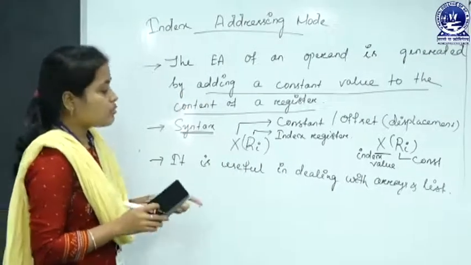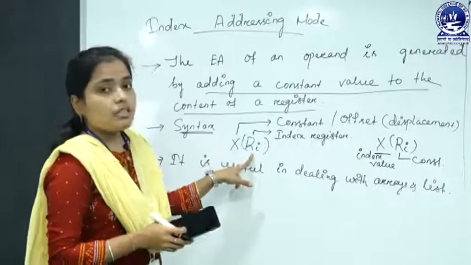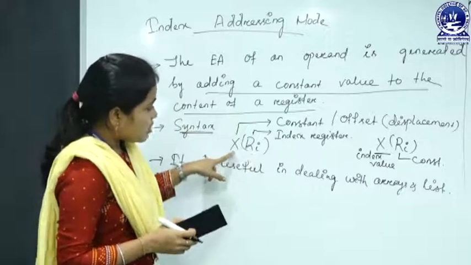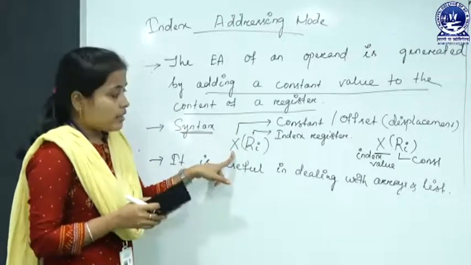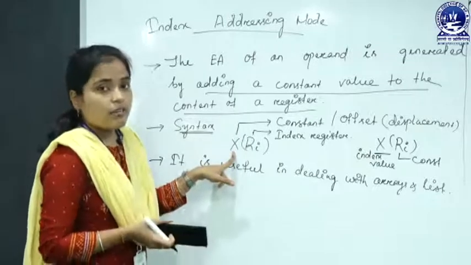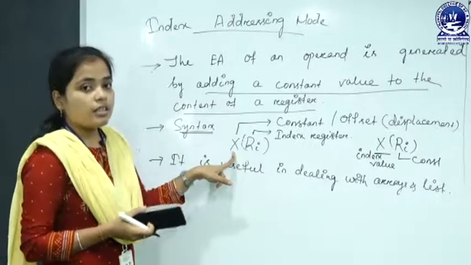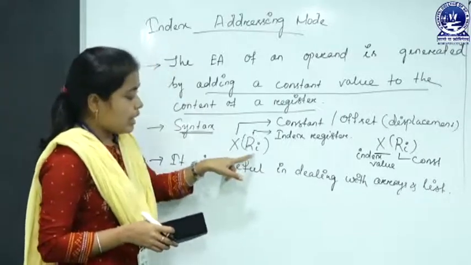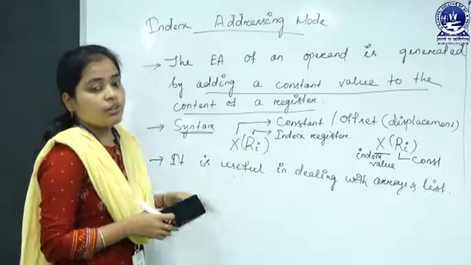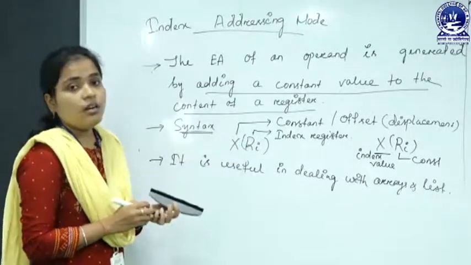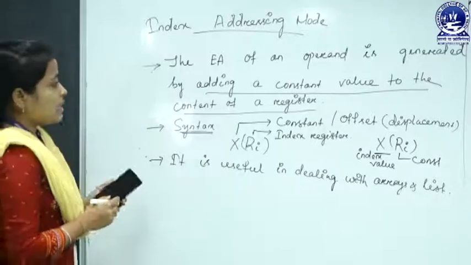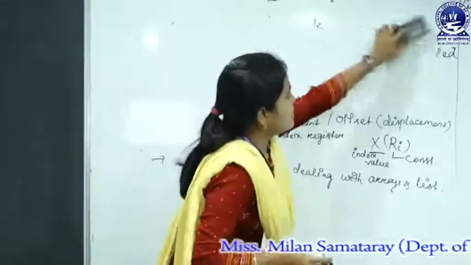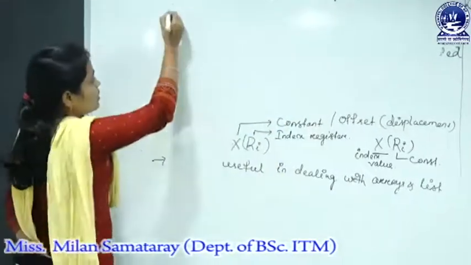Whatever the case, whether the register contains a memory location or a constant value, or X, the offset, is either a constant value or a memory location, when we are calculating the effective address in index addressing mode, we have to add these two contents to find out the address of the operand.